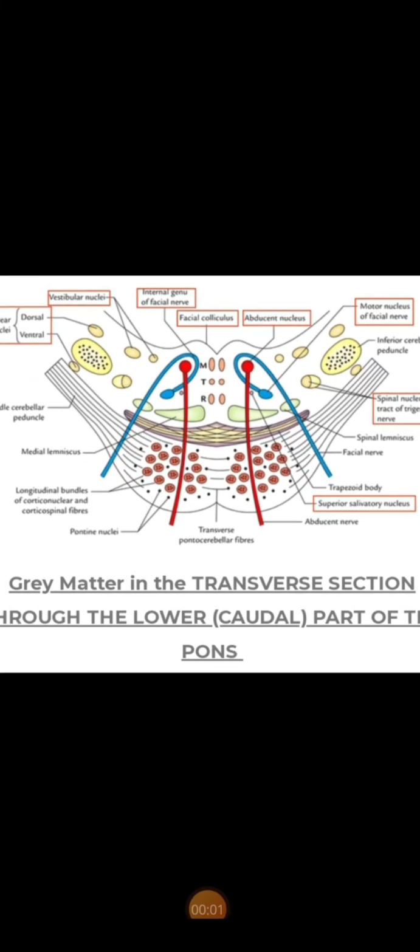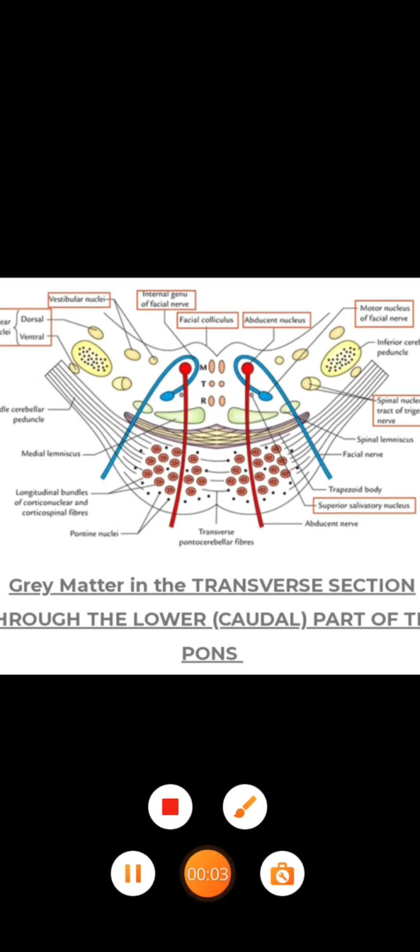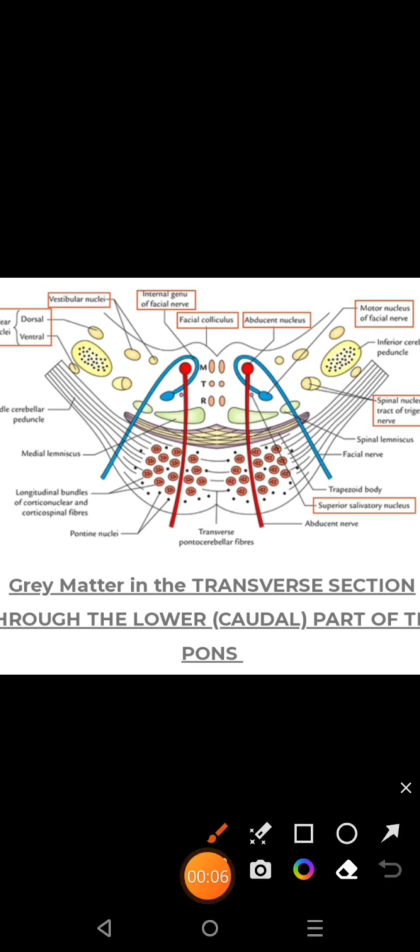Okay, now we have to learn about the trapezoid body. The trapezoid body is present and showing the crisscross fibers again, and it is a transverse band of fibers, you would say, and you can see that it is present just posterior to the ventral part of the pons, right?